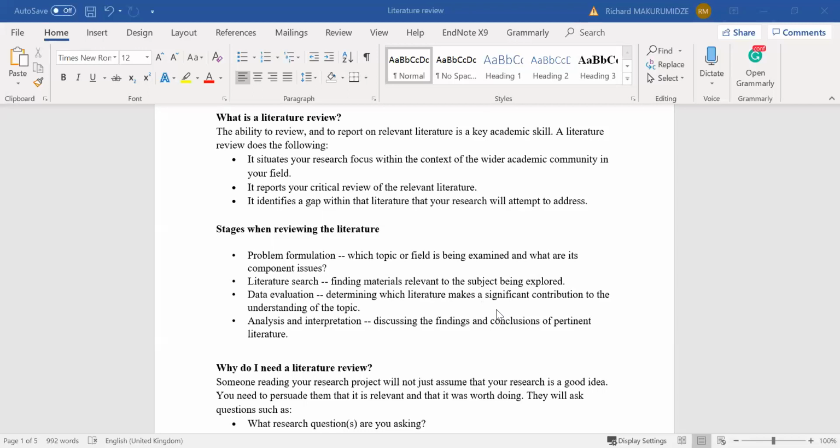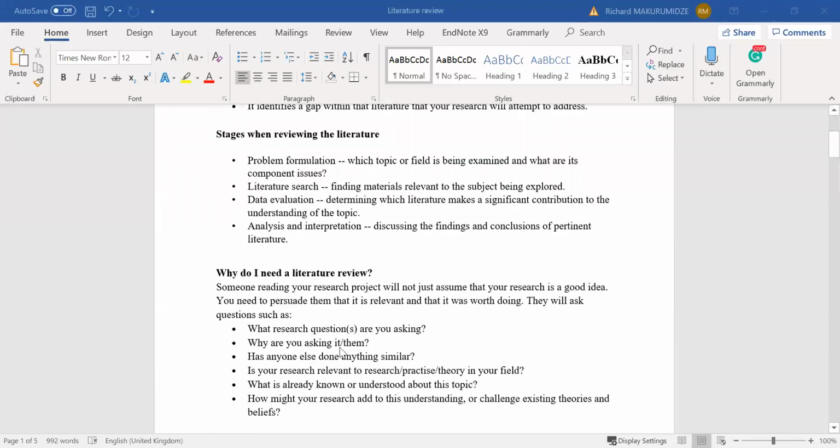Then after evaluating your resources, you analyze and interpret the materials which you chose to be part of your literature review. And how do you do this? You then write your literature review, where you discuss the findings and conclusions from the articles which you have chosen to put as part of your literature review.